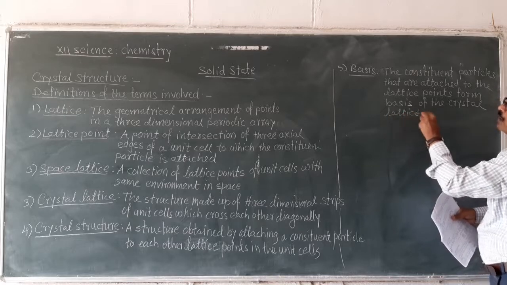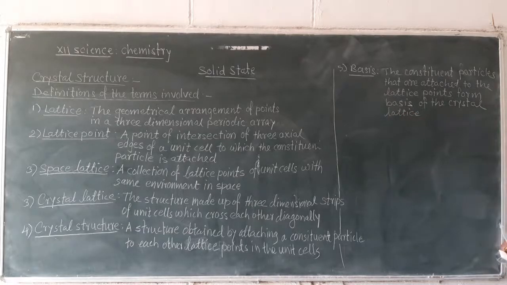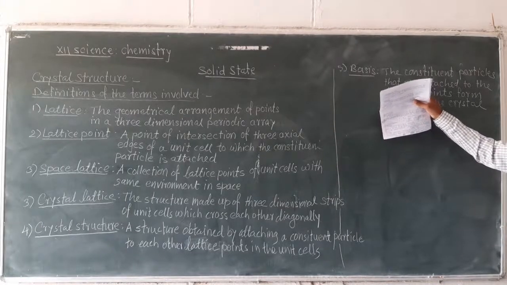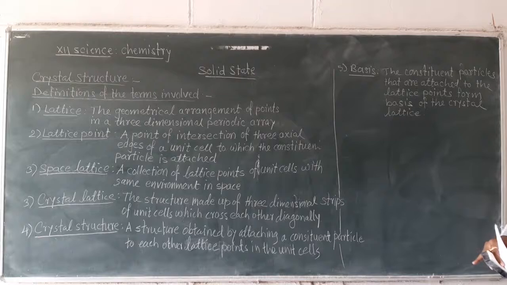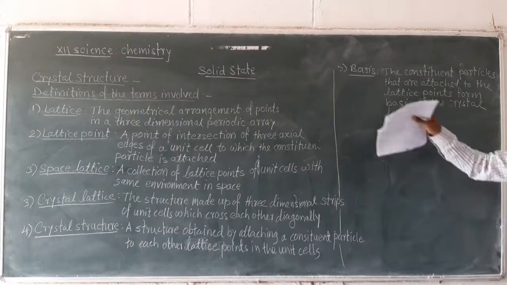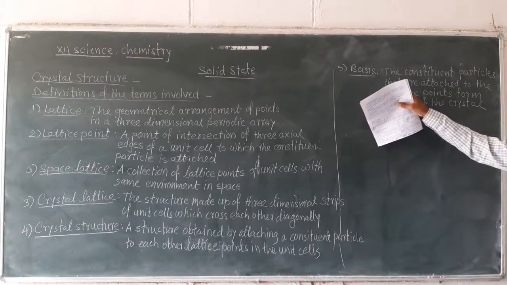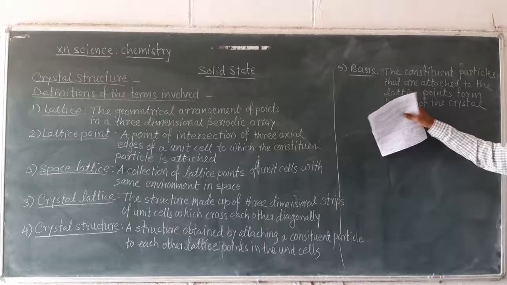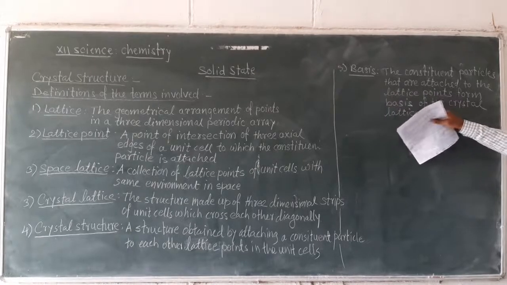Or in short, you can say the constituent particles which attach to lattice points in the unit cell are called basis. Every constituent particle forms a basis by attaching itself to the lattice point in the unit cell.